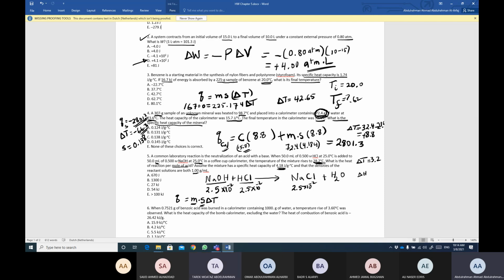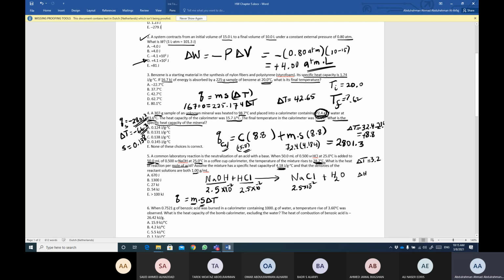What's the mass? It will be 50? No. It's 100. 50 plus 50 because both of them. Why 100? You're adding 50 milliliter with 50 milliliter.